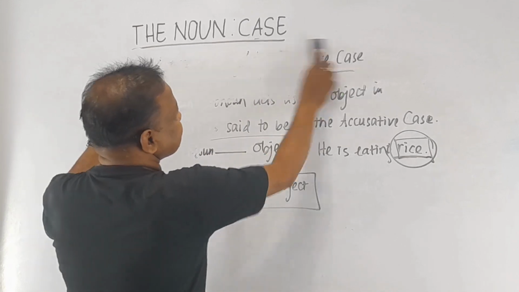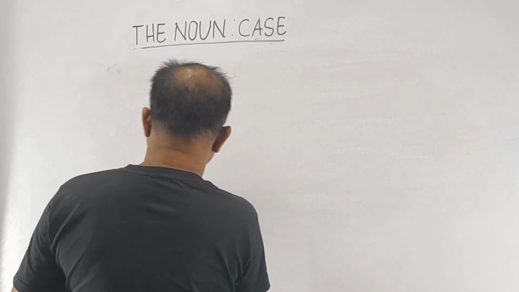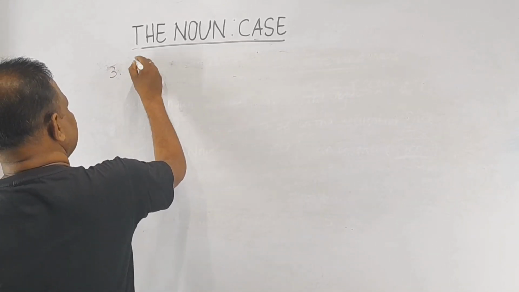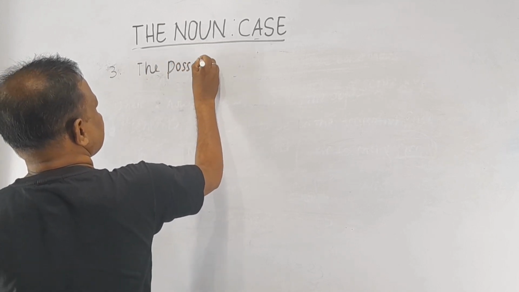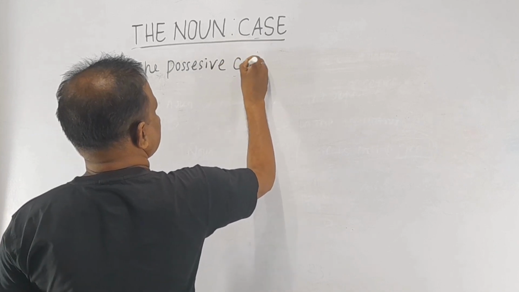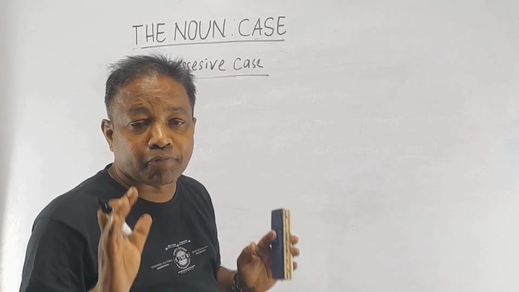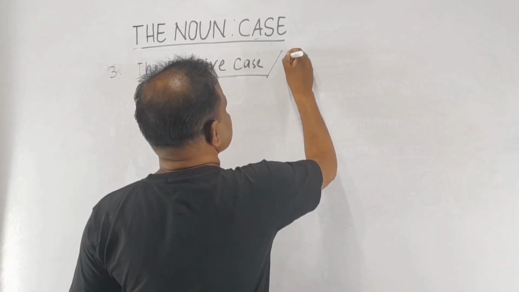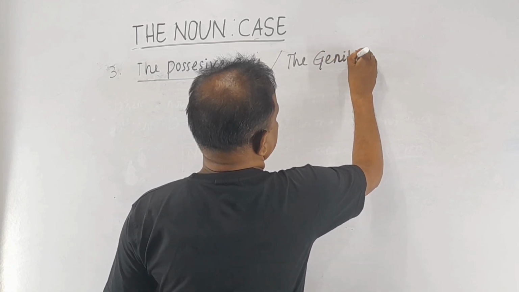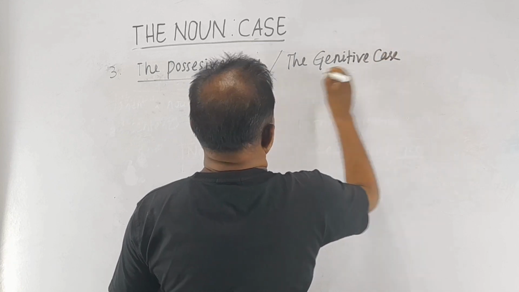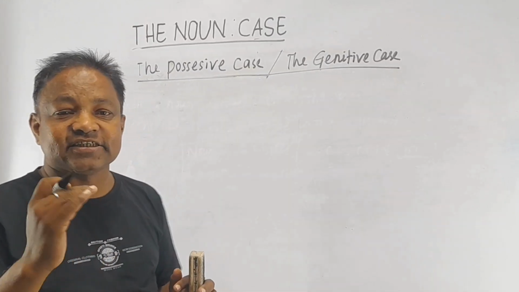Okay, let us discuss case number 3. Case number 3 is the possessive case. Okay. This is the most important case. It is also called the genitive case. Okay. Let me talk. What does this case denote?